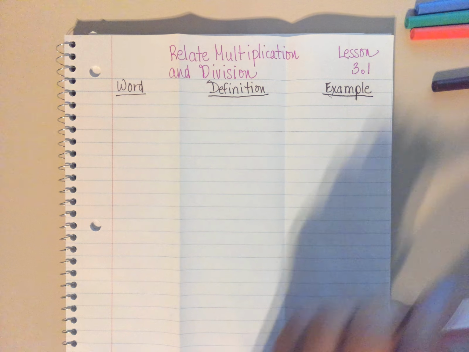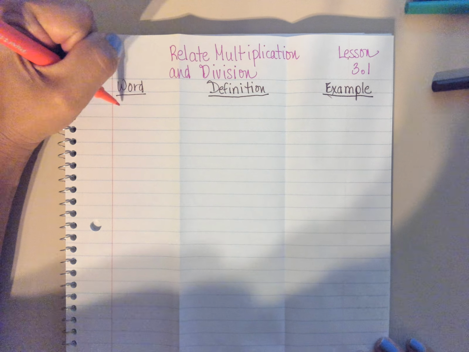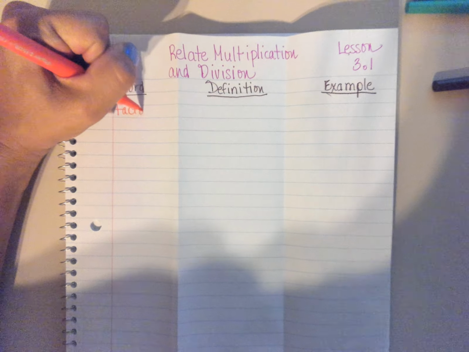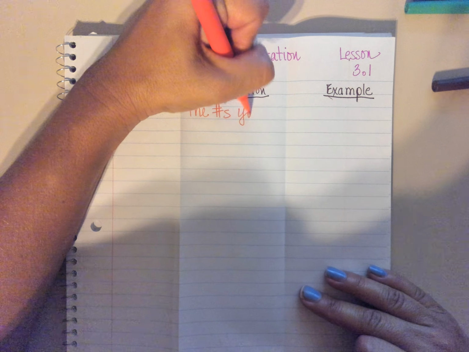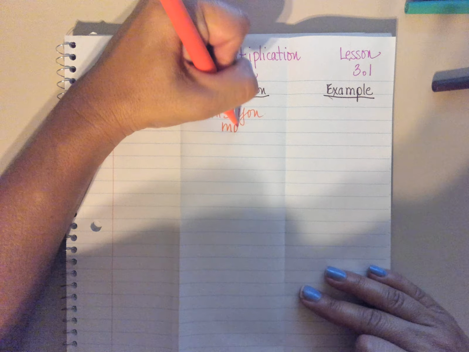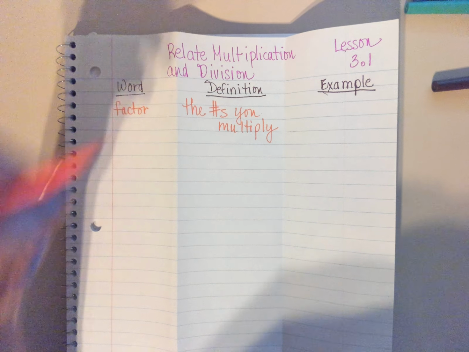All right, so our first word is going to be factor. And factors are the numbers you multiply. So for instance, you've got 5 times 2.